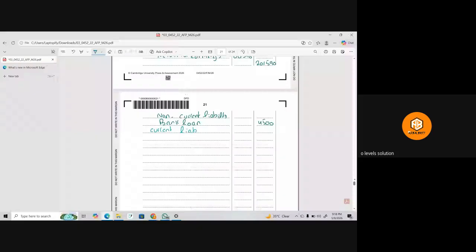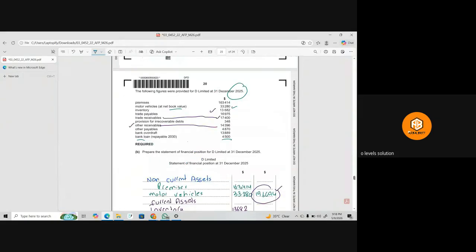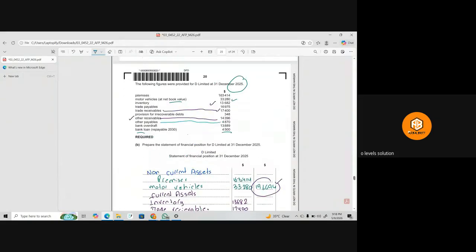So I have seen that in the current liability there were trade payables. Then we had the other payables, which could be accrued wages, accrued expenses. And then we have the bank overdraft. Okay, let's see the value for this.